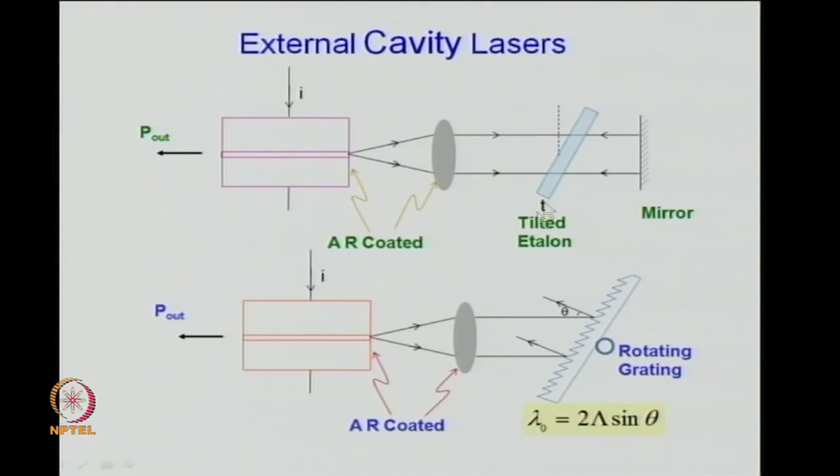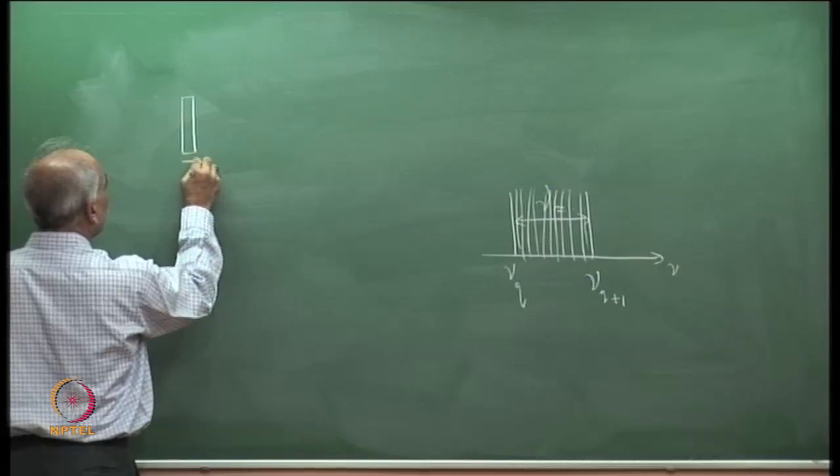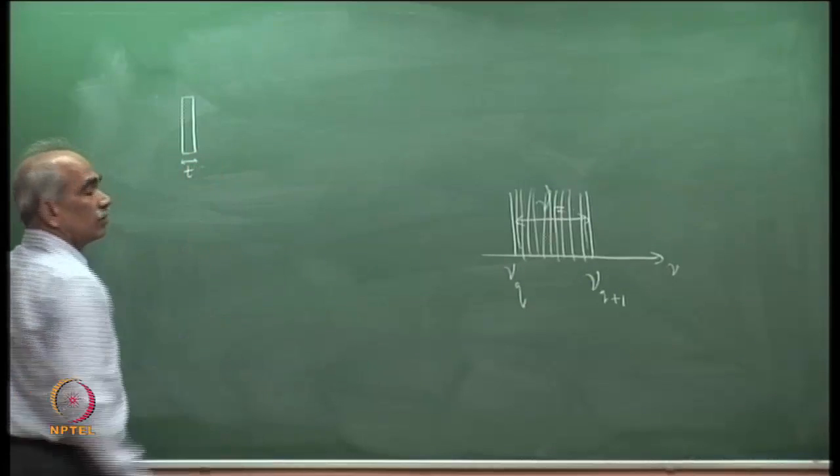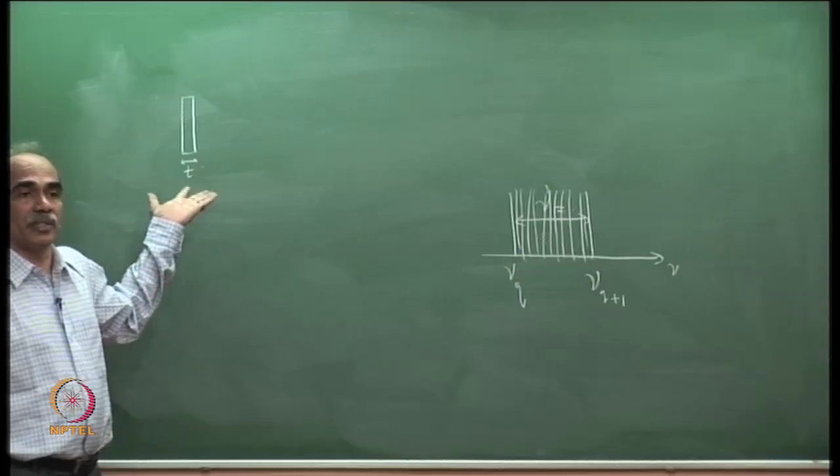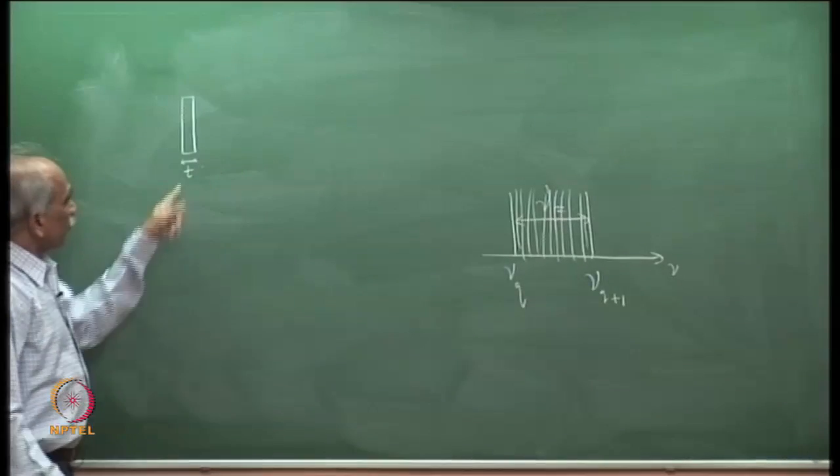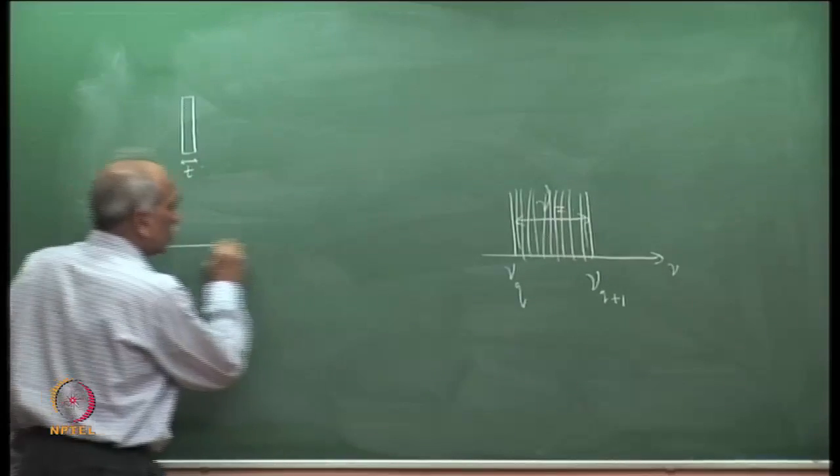Now, in the cavity you use a tilted etalon. I just brought you the concept of an etalon. What is that etalon? The etalon is a Fabry-Perot cavity with a small t. This t could typically be 5 millimeter. Small t means what?